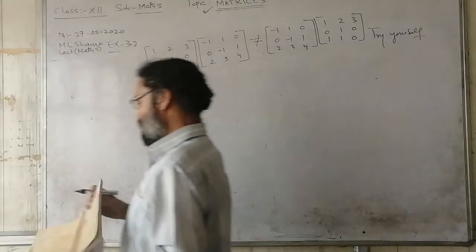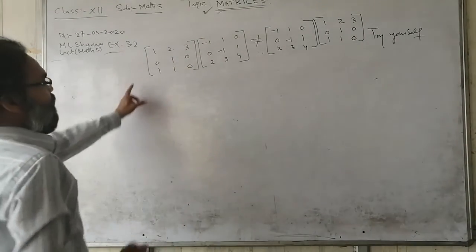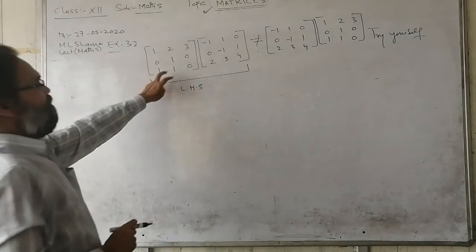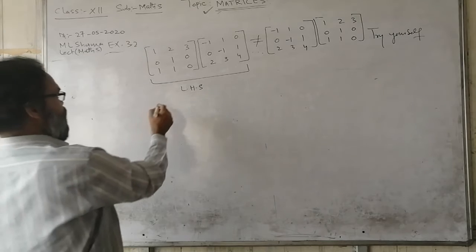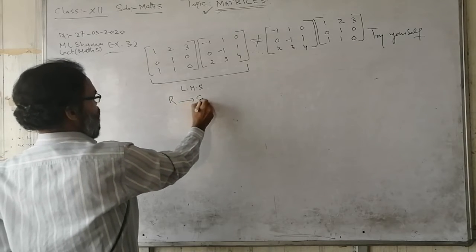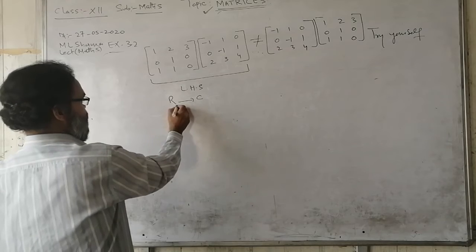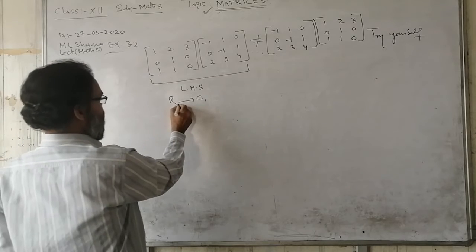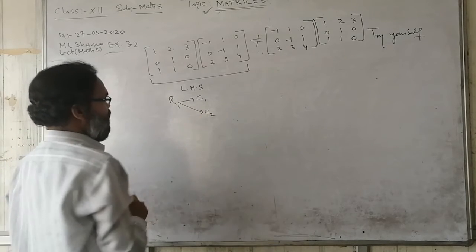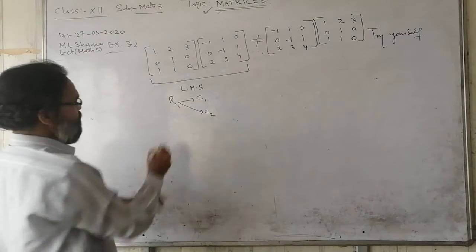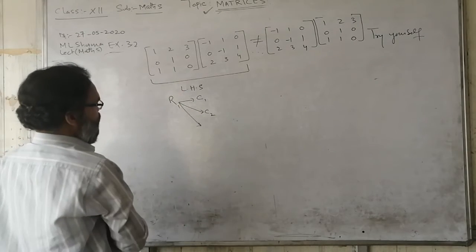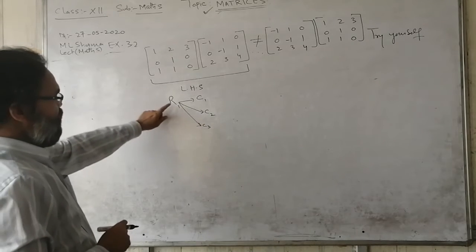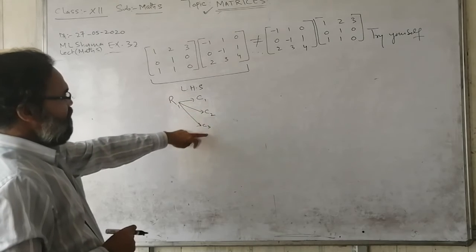So this question you will try yourself. What you have to do, simply take left hand side and multiply the two matrices by a row into column elements. First row elements with first column elements, then first row elements with column second elements, then row 1 elements to be multiplied by column 3. So R1 to be multiplied by C1, C2 and C3.